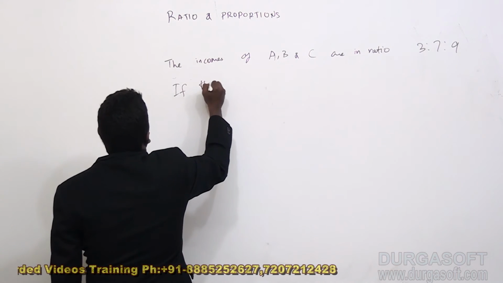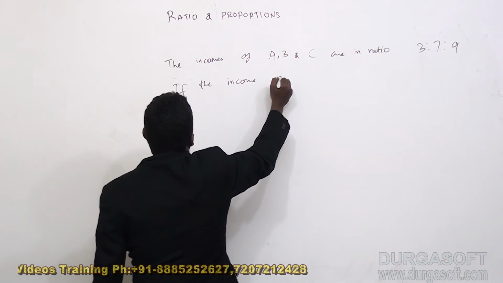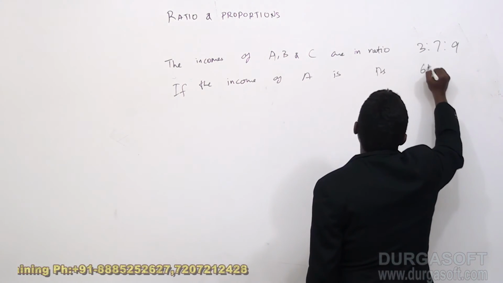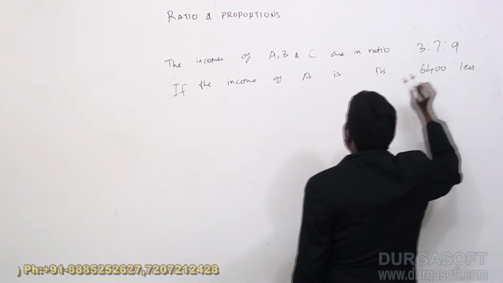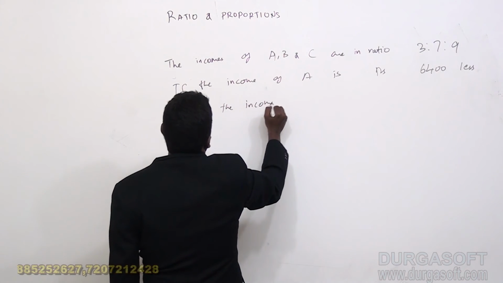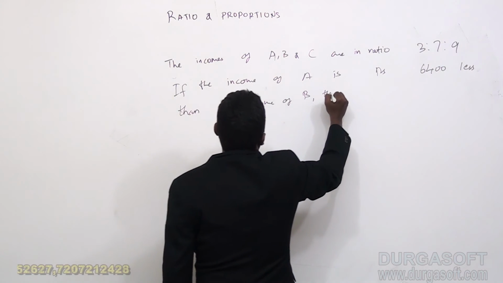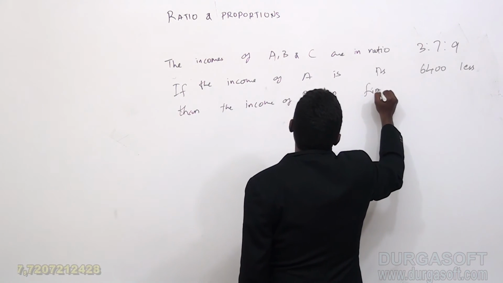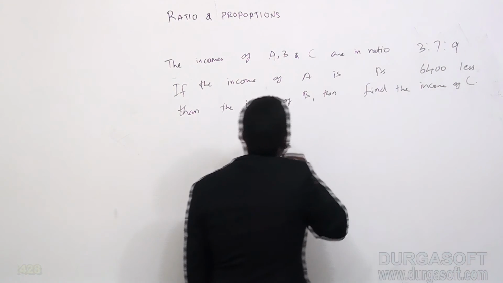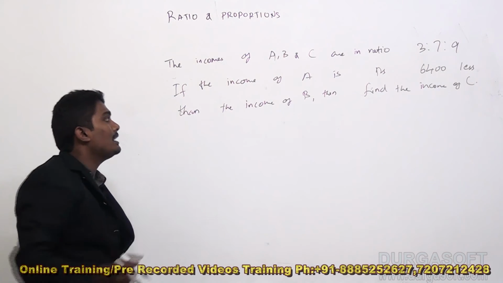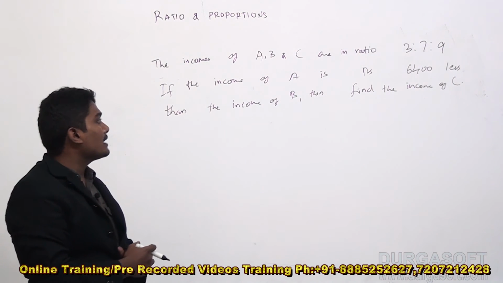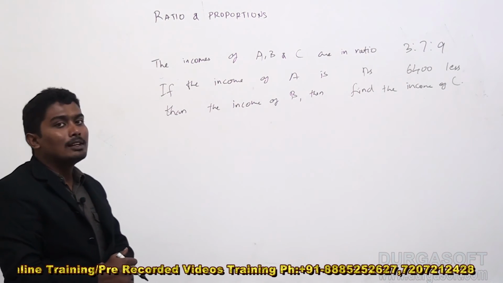If the income of A is rupees 6,400 less than the income of B, then find the income of C. The ratio of income is given as 3:7:9. They say that the first person's income is 6,400 less than the second person's income. They ask you to find the third person's income.